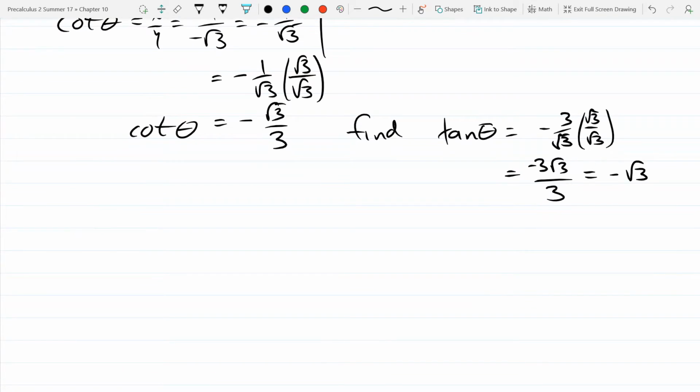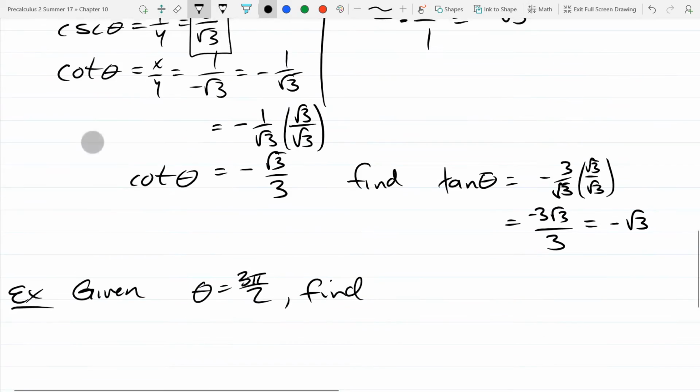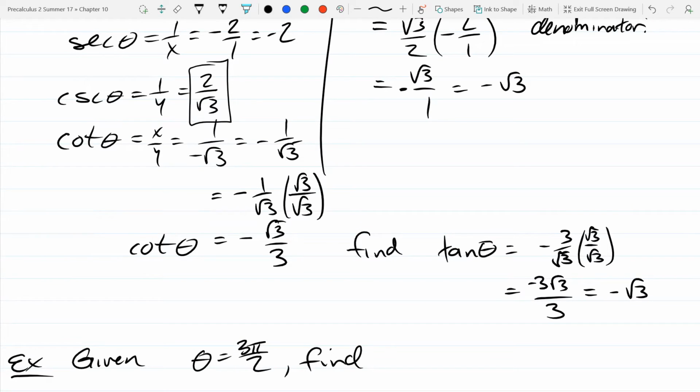So our next example, I'm going to give you information about theta, and then we're going to find the trig functions. Now, you don't usually have to find the second three, the reciprocal trig functions.